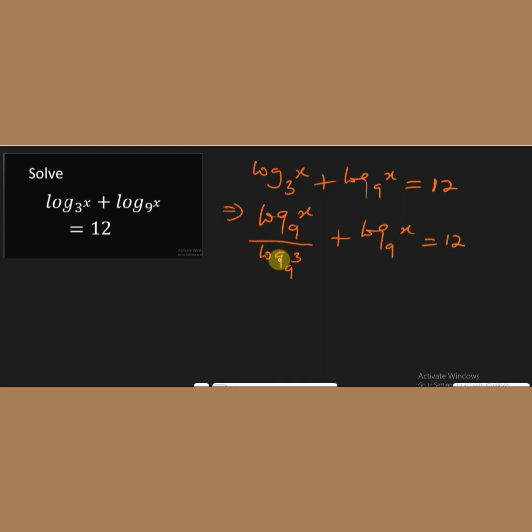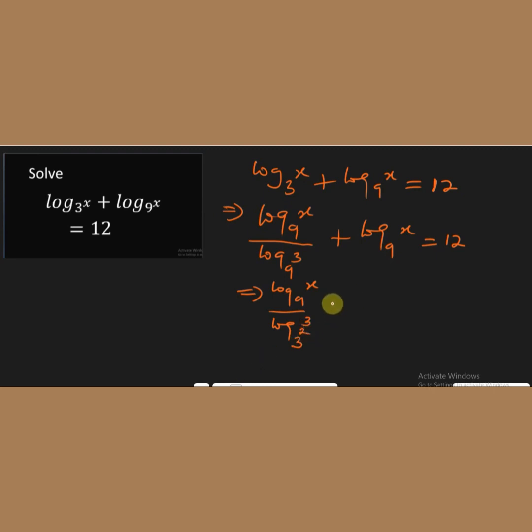Now, this is log 9 raised to the power of 3. What I need to do is to solve this out. Remember that this is the same thing as log 9 raised to the power of x divided by log, if I write log 3 here, 2. Remember 3 raised to the power of 2 is 9, then raised to the power of 3.